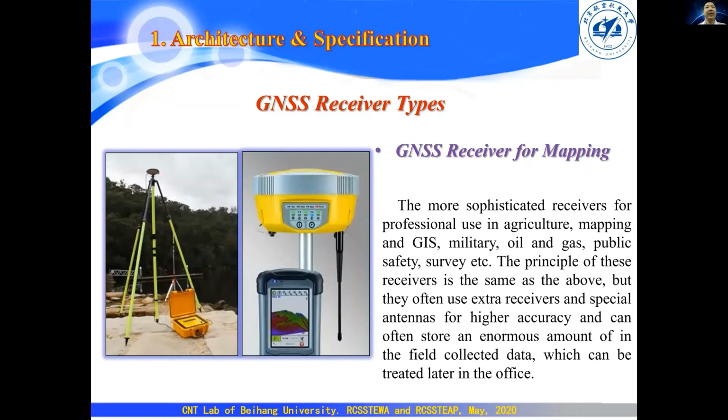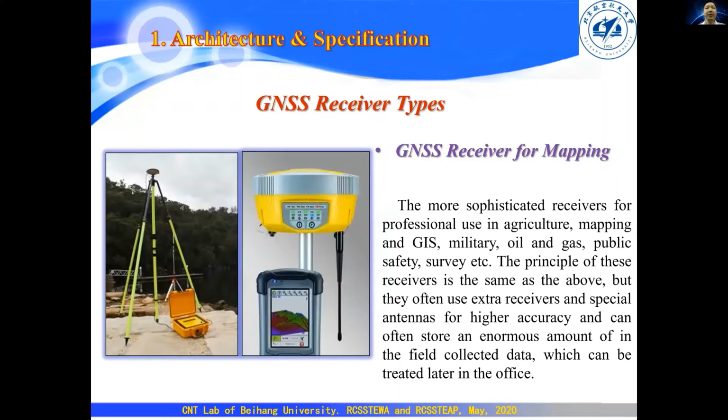And the last type is the receiver for mapping or survey. It is a very sophisticated receiver, only for professional users, like in agriculture, mapping, and GIS.